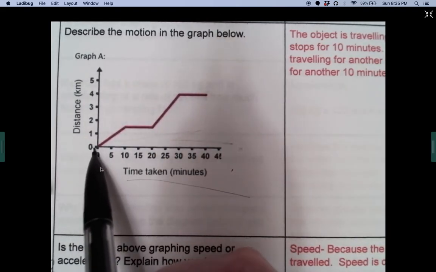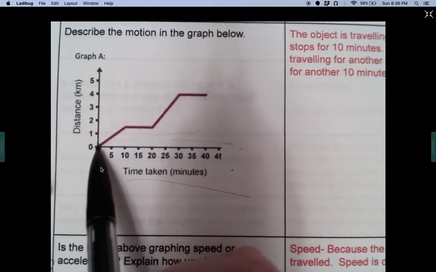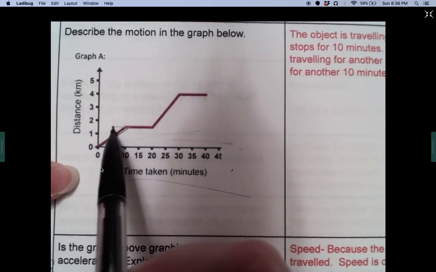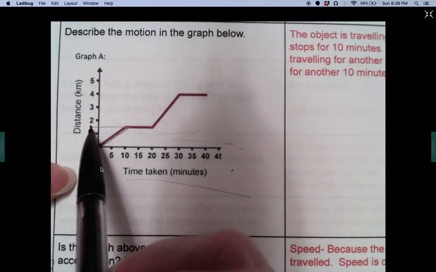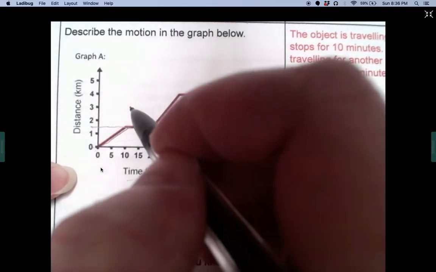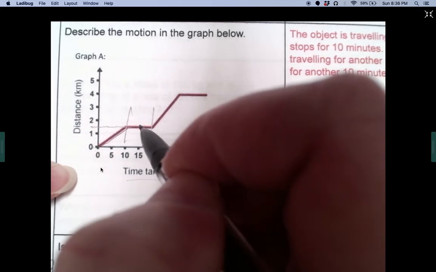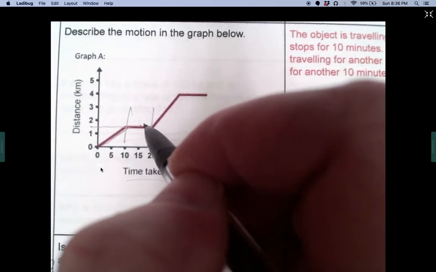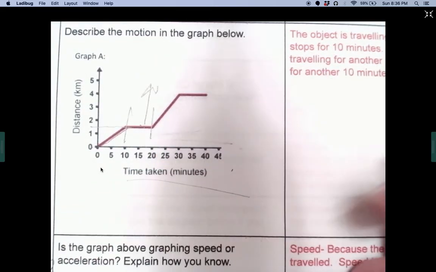Distance is the distance from start. So as I'm going here, I am traveling away from my start 1.5 kilometers. Then this period of time right here, if you look, my distance is no longer going up.